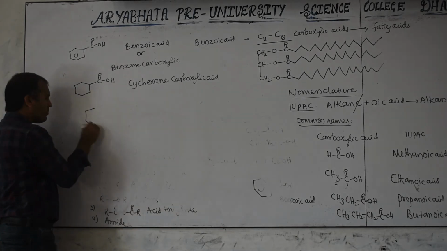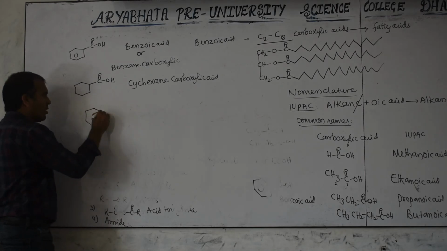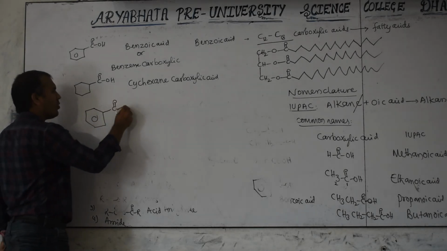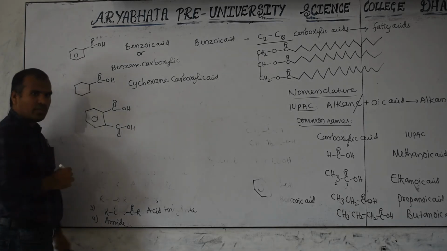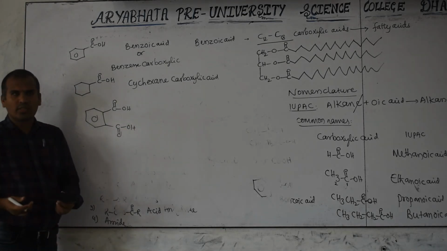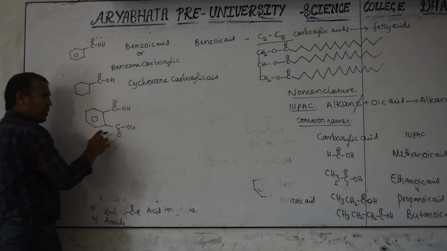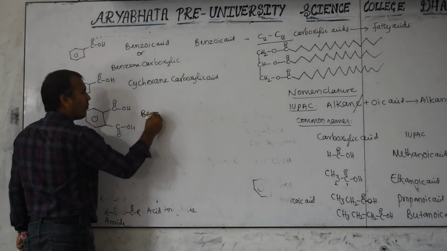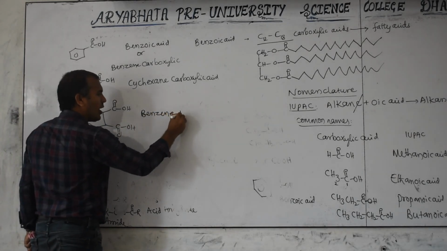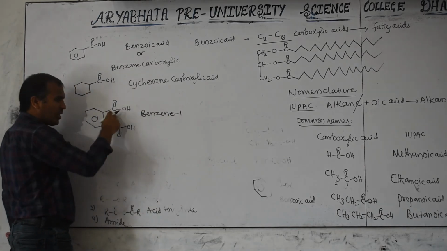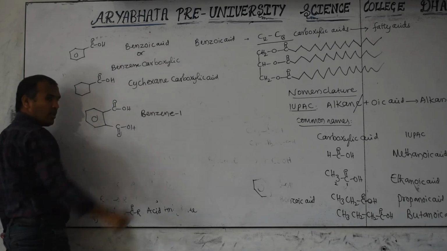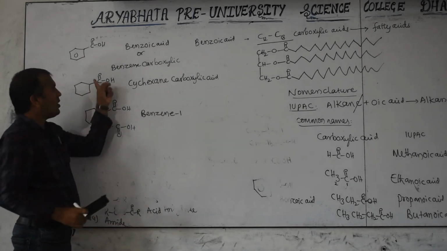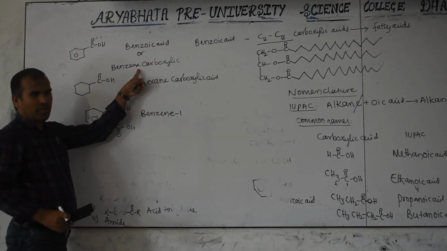Next, now two COOH groups are there. How to pronounce the IUPAC name? Benzene. The E should be written when more than one group is present. But here E is not there when the name continues with a consonant; when the benzene ring is completely pronounced, E will be there.